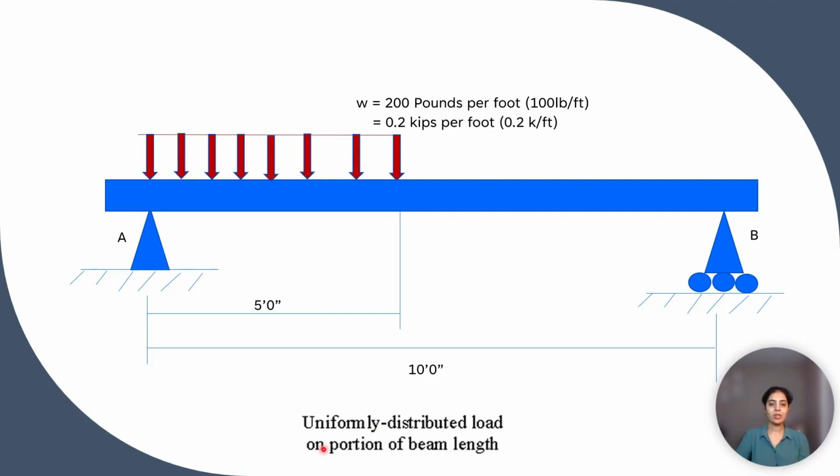The figure shows the uniformly distributed load on a portion of the beam length. Here, this uniformly distributed load is for 5 feet length of the beam and its magnitude is 200 pounds per foot.